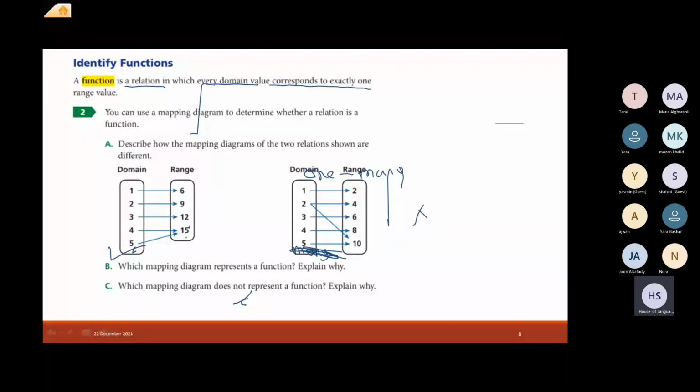But here there is 1 domain element connected to 2 numbers. So it's not, because a domain element cannot connect to many. More than one x can connect with one y, but one x cannot connect with many y.